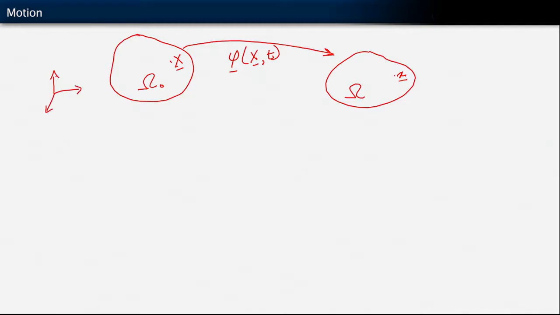Because of this sort of idea that phi takes a point which had position capital X in the reference configuration to position little x in the current configuration, phi is also often called a point-to-point map. Okay?